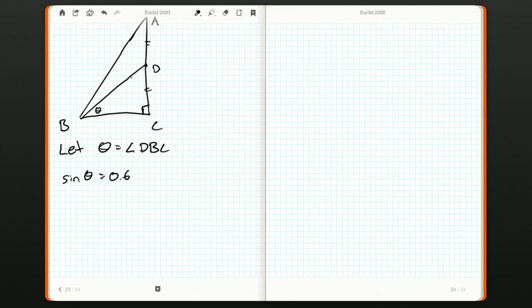And we're asked for a tangent. Now, when I see a question that gives me an explicit sine and then asks for an explicit tangent, and I'm not given any side lengths or other angles to go on, I usually think back to what I learned in grade 10. I don't know where the curriculum is at now, but Sohcahtoa is the abbreviation that's used.